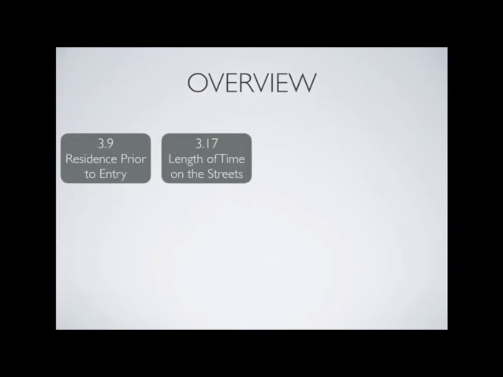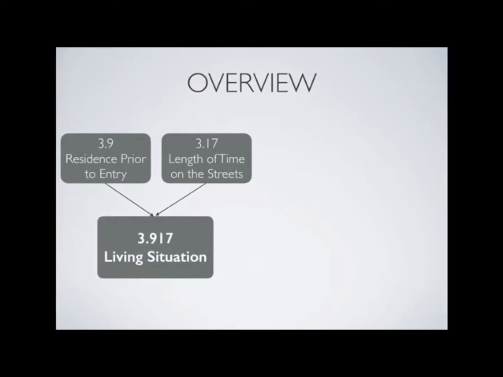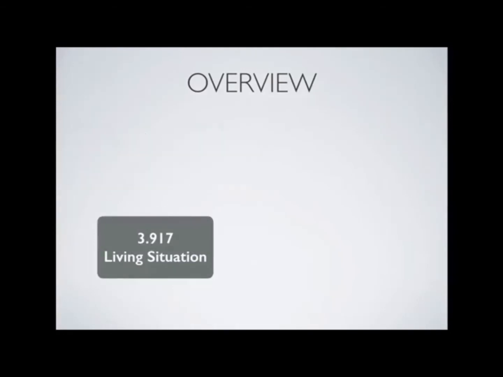If you are familiar with the HUD HMIS data standards, HUD is combining data element 3.9, residence prior to entry, with 3.17, length of time on the streets, in an emergency shelter, or in a safe haven. The combined element is now known as 3.917, living situation.